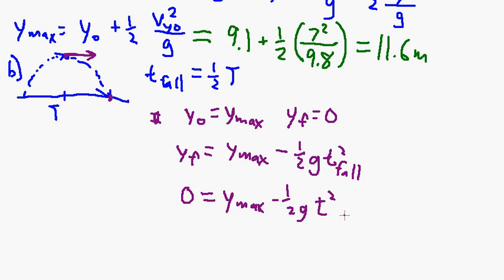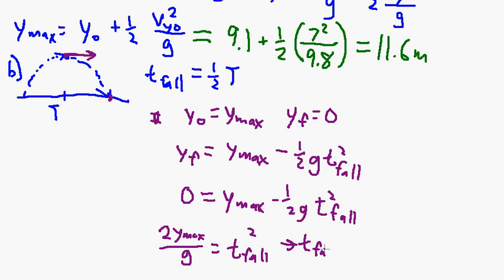Okay? So what this really means then, we can just do a little rearranging. So we can say 2 Y max over G equals T fall squared, and that means T fall equals the square root of 2 Y max over G. And what is that for our numbers?